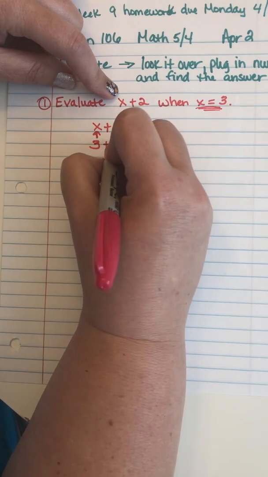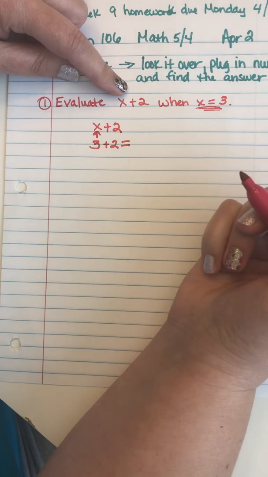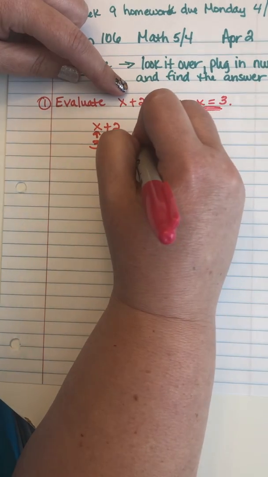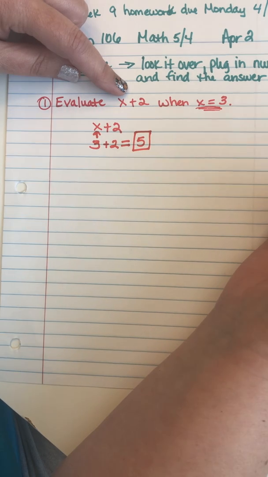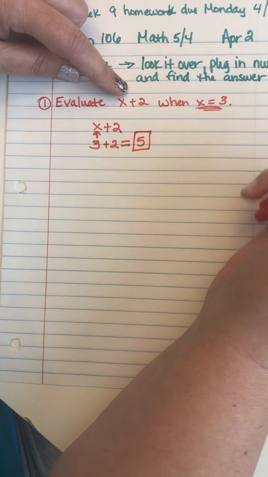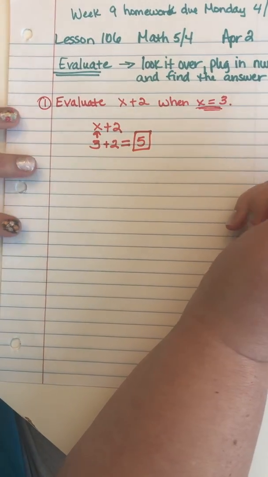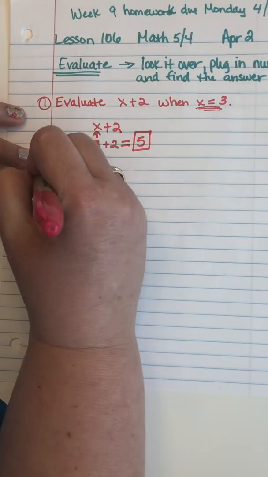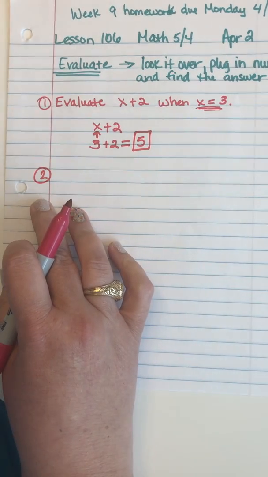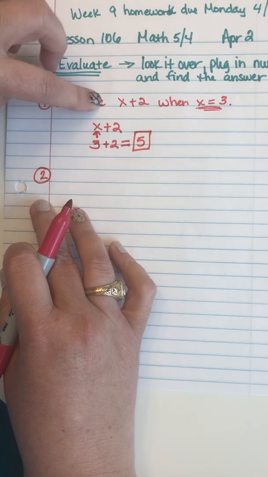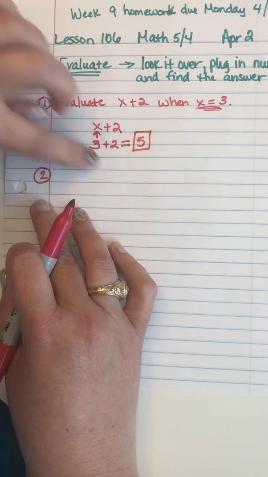And then I'm going to add the plus 2. It equals 5. There you go. That's your answer. You have solved x plus 2. So that is one way to evaluate. It could say solve x plus 2 when x equals 3. It'd be the same process.